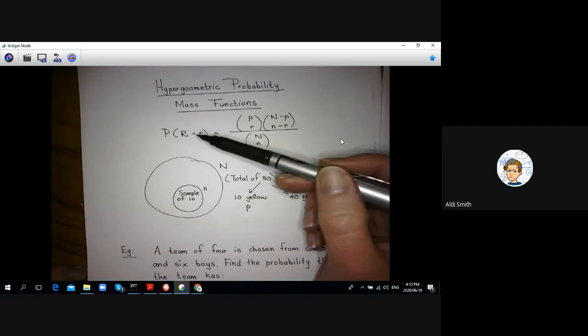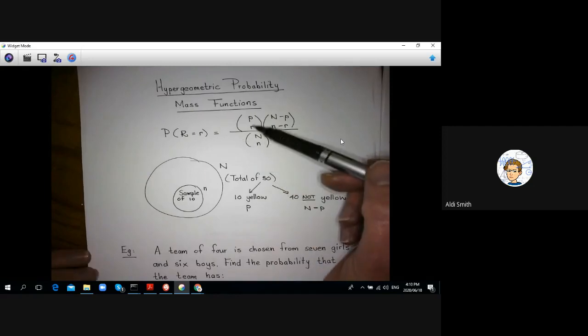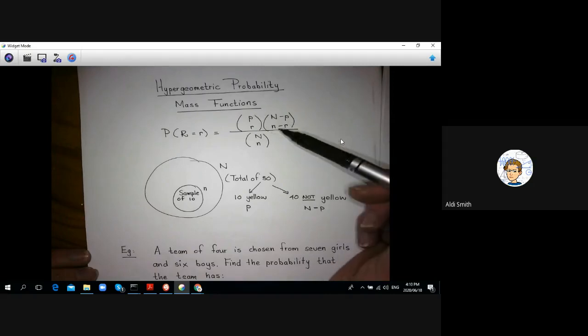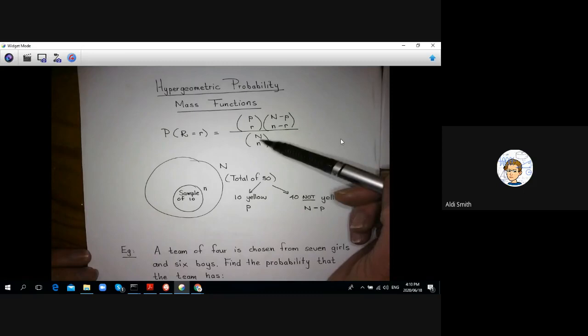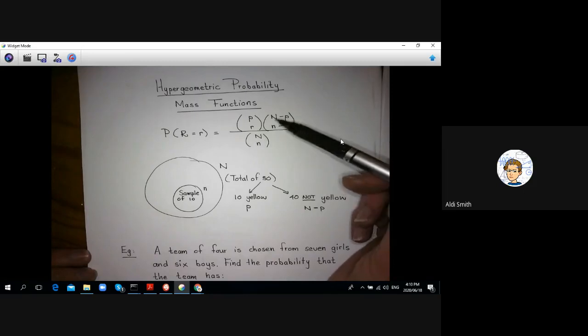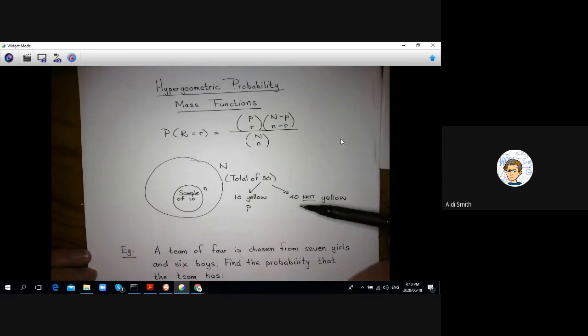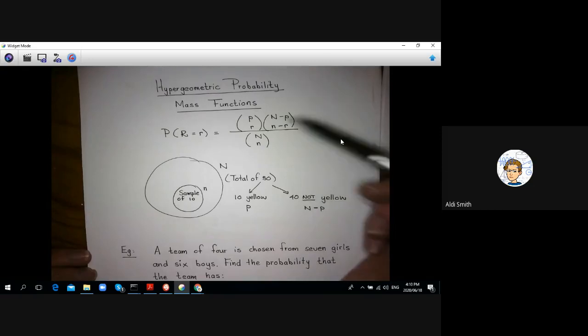Then I identify what I want. So my input, my random variable. I want to pick 4 yellow ones out of the 10, which means I want to pick 6, because remember that one plus that one gives me the 10. I want to pick 6 out of the 40 not yellow ones. So that's pretty much how I set this up.